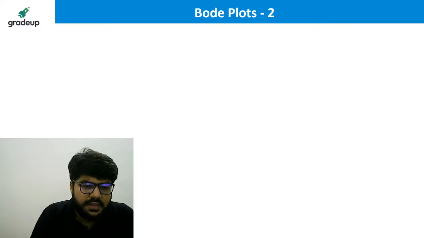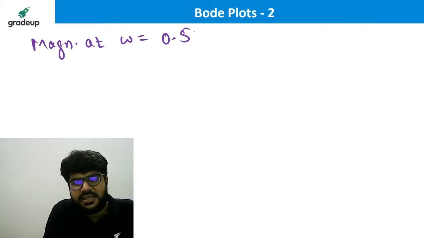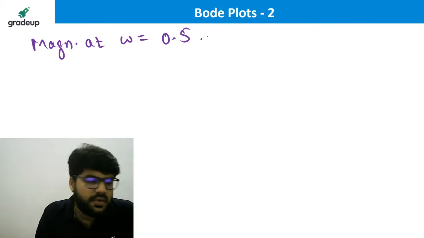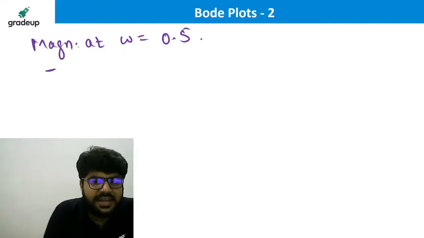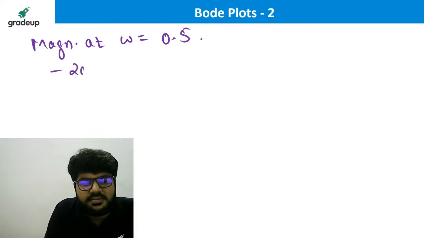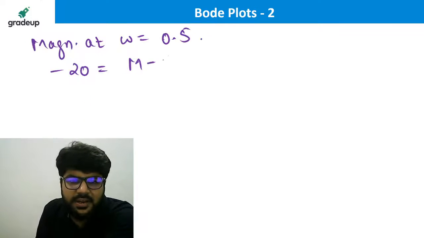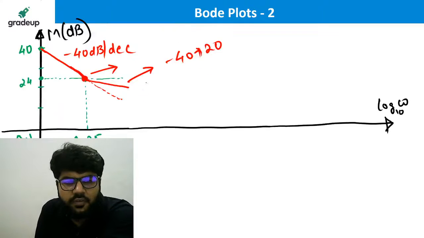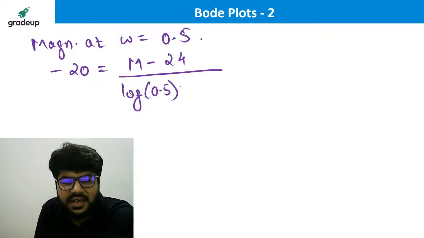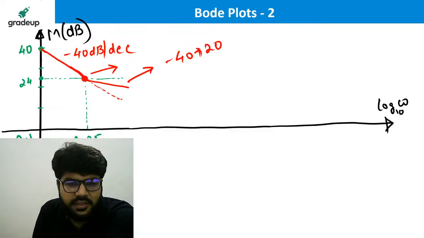Using the same slope method. The slope of the new line, minus 20, is equal to (m2 minus m1), that is the magnitude it is starting with, 24, divided by log of omega 2, log of 0.5, which we have to go up to, minus the frequency it is starting with, log 0.25.